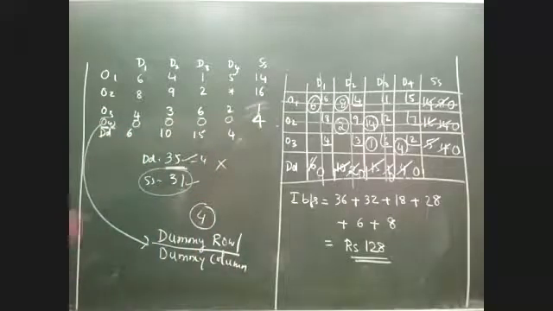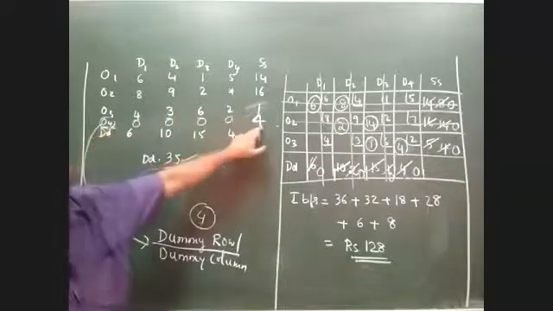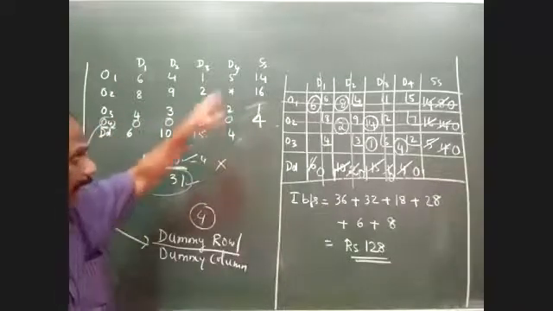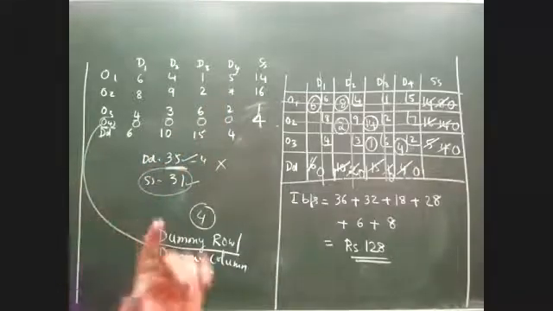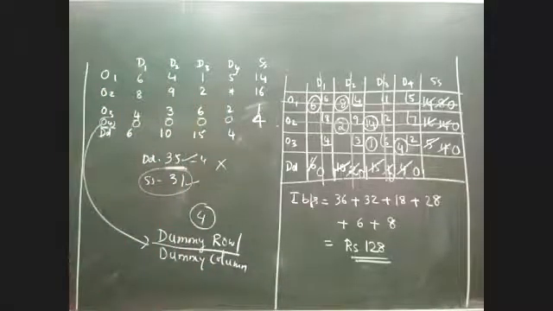Now you can see that by introducing a dummy row called O4 and putting the value 4 in the supply, demand and supply become equal. Now this is a new question, with an extra row O4 added.